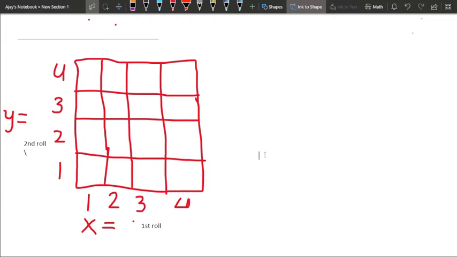We are dealing with a single probabilistic experiment that involves two rolls of the die within that experiment.